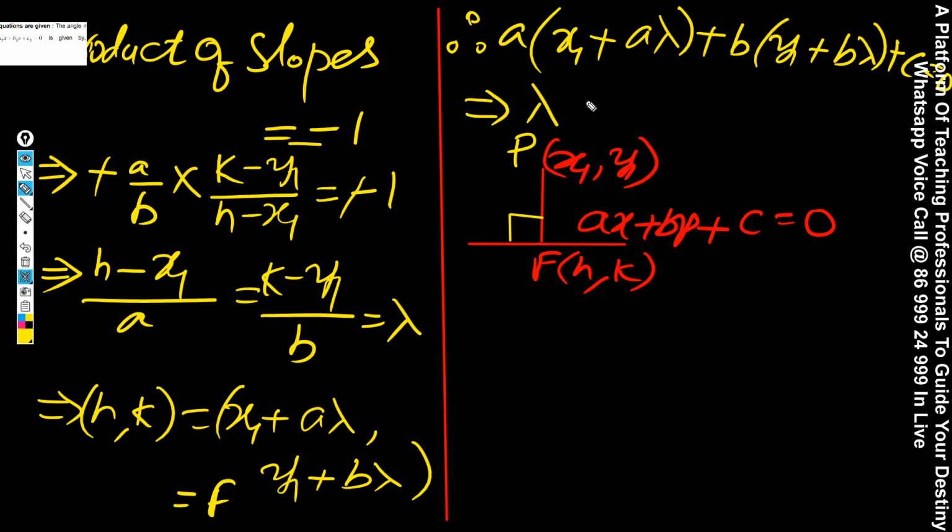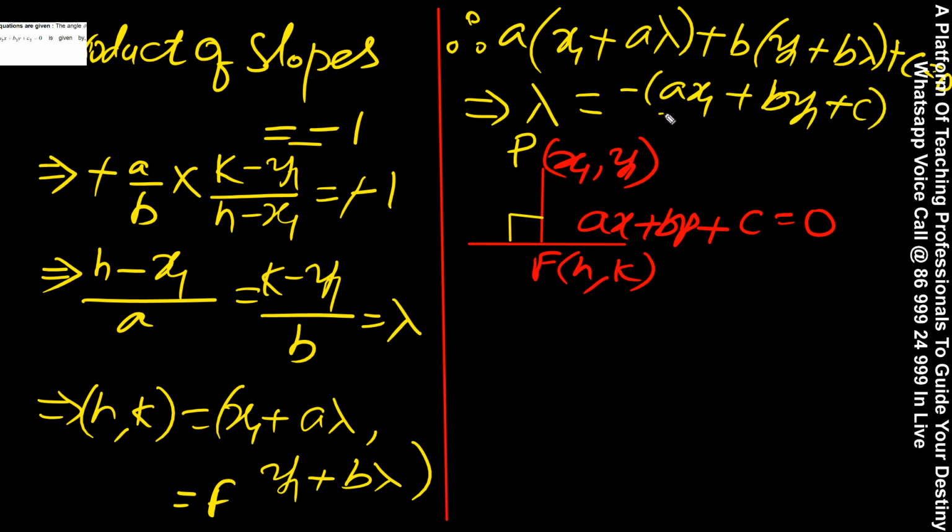I am writing the direct step here. Lambda is equal to minus of AX1 plus BY1 plus C divided by A square plus B square.